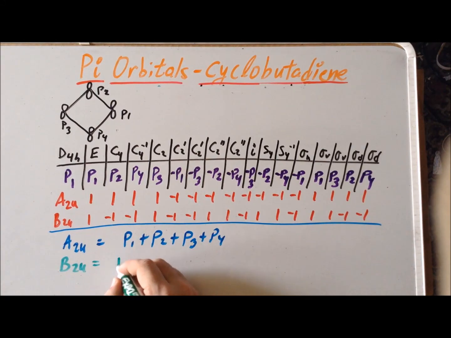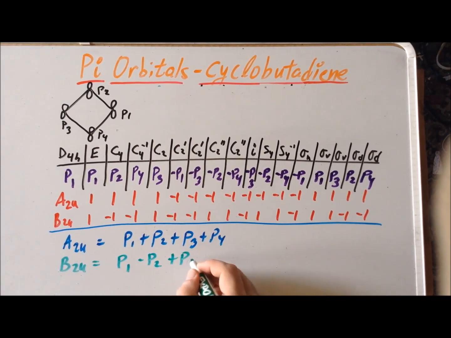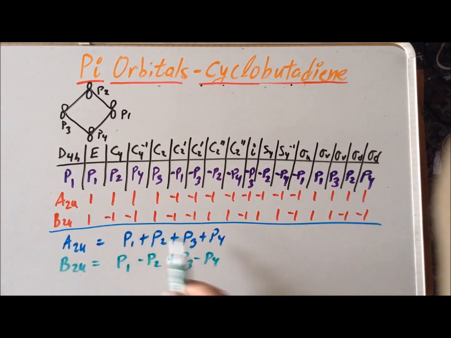So we have P1 minus P2 plus P3 minus P4. If we had worked out all these and then reduced it to lowest terms, we get that the B2U combination is P1 minus P2 plus P3 minus P4.